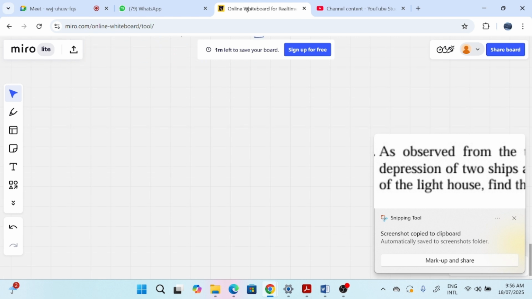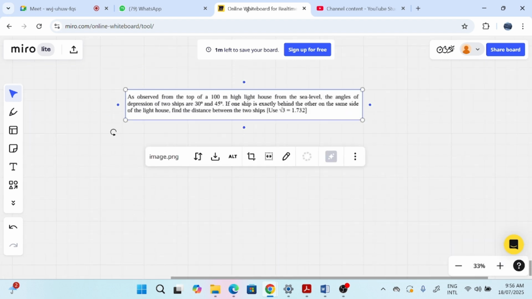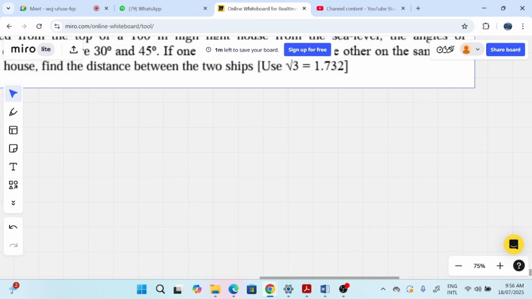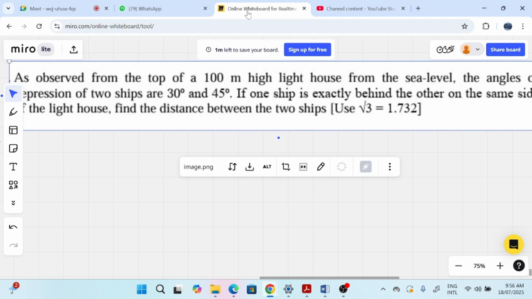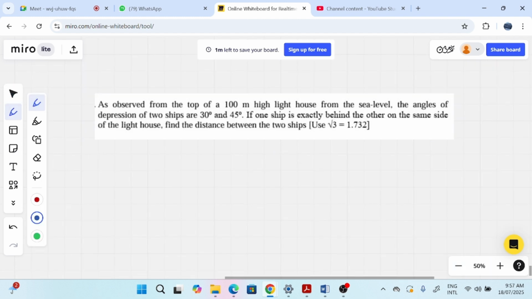This is the question. Tell how to draw. What is the first thing I should draw? First we'll draw the lighthouse, 100 meters tall.